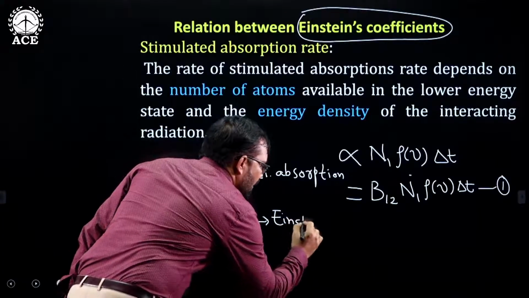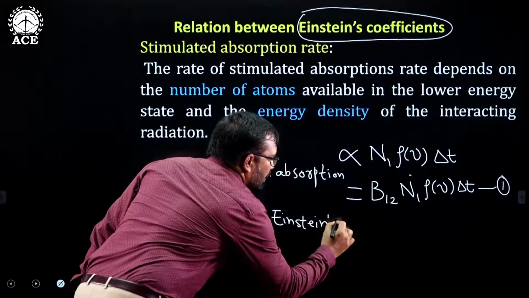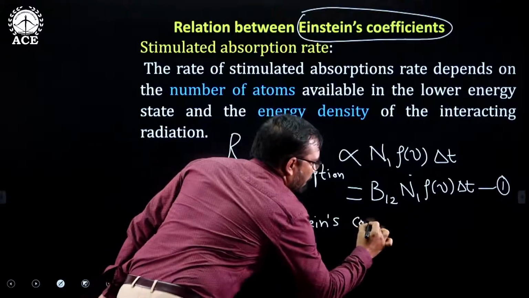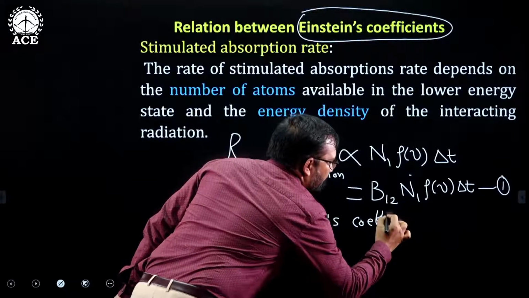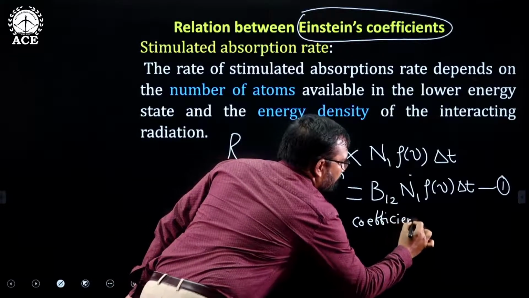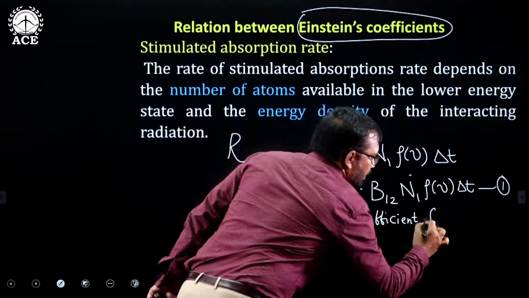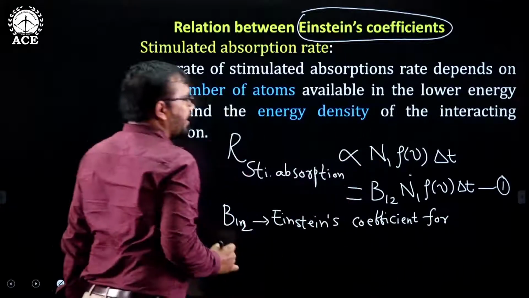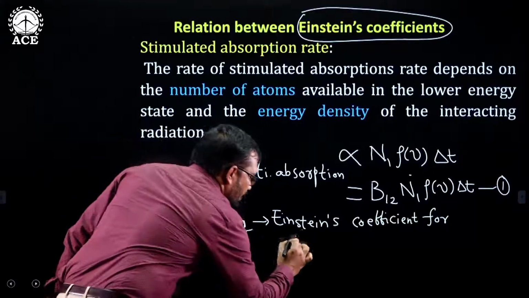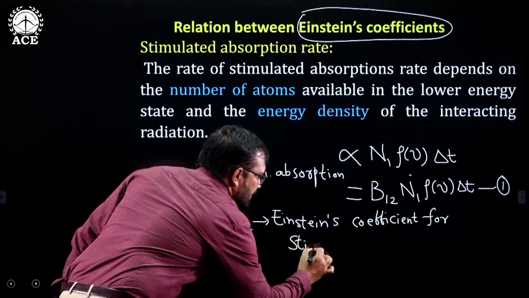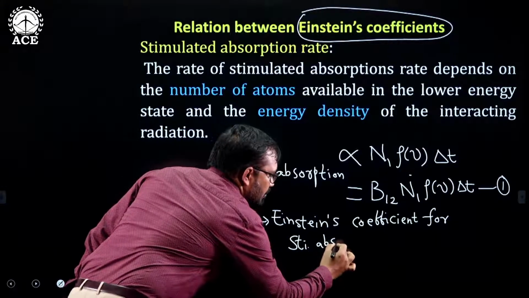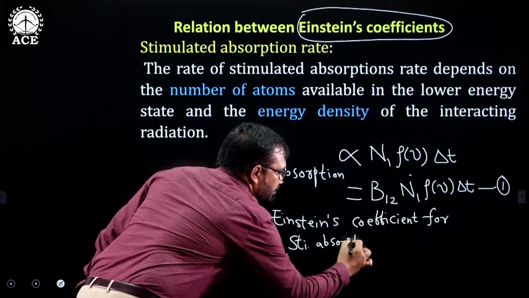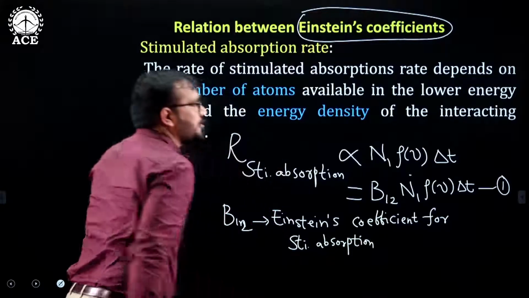B12 is the Einstein coefficient for stimulated absorption. So this is equation 1.